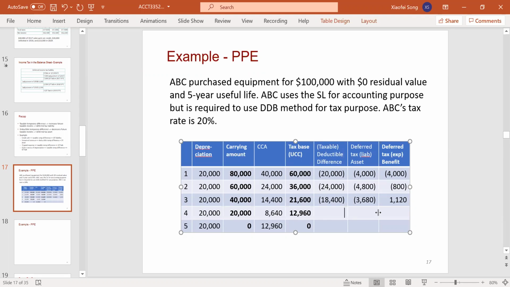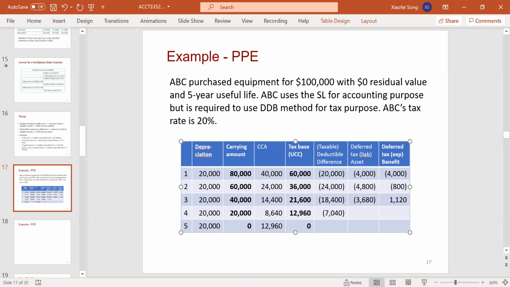Okay, the last year, again, you still have more to deduct for accounting purpose than for tax purpose. So taxable income, again, will be more than accounting income by the amount of 7,640. At the end of year 4, that future taxable amount is 7,040, because that's the difference you can deduct for year 5.